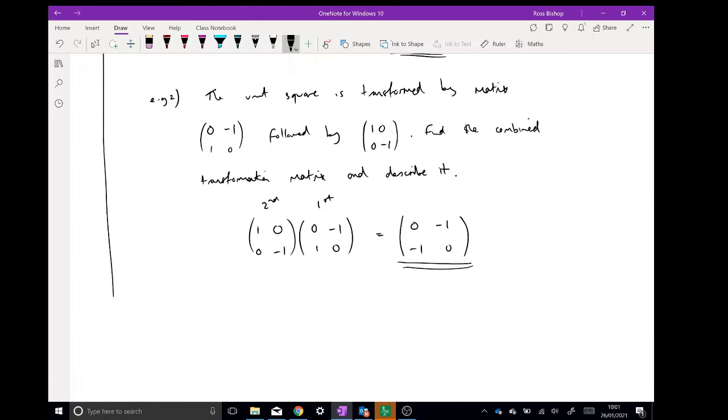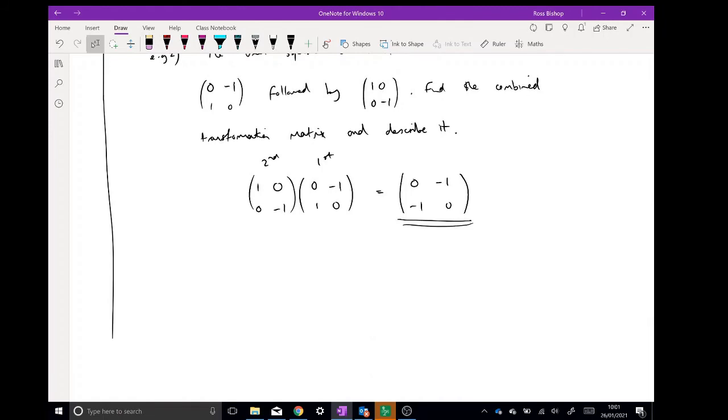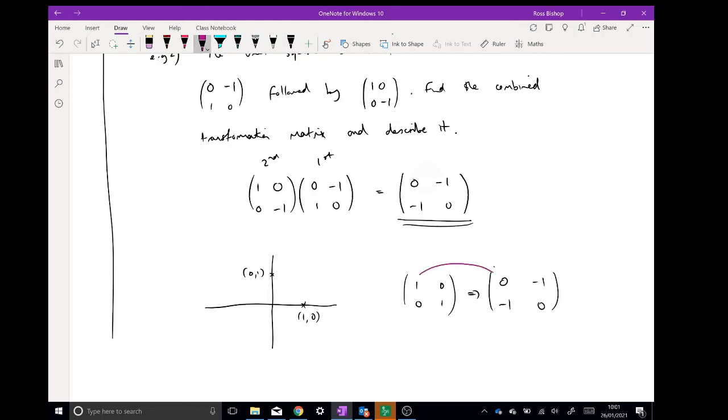Now we need to describe it. So to describe it, if we look back at the last session, it's where does my original unit square, which is 1, 0, 0, 1, go. Now that first point goes to 0, minus 1, minus 1, 0. So that first point tracks onto 0, minus 1. So that point goes to there.